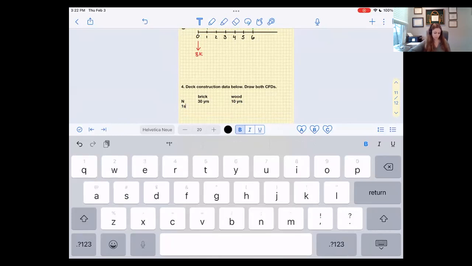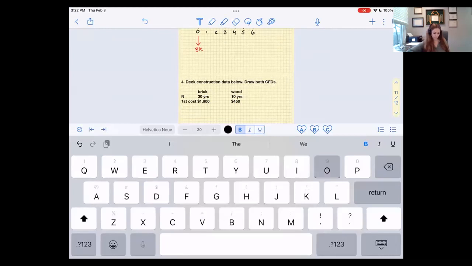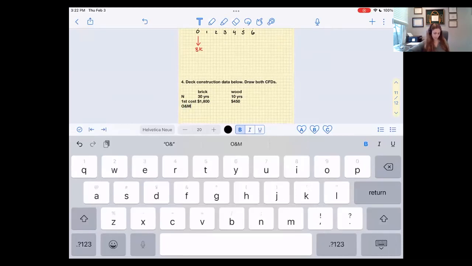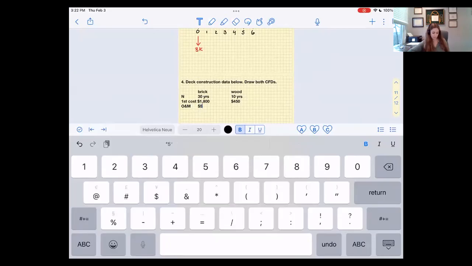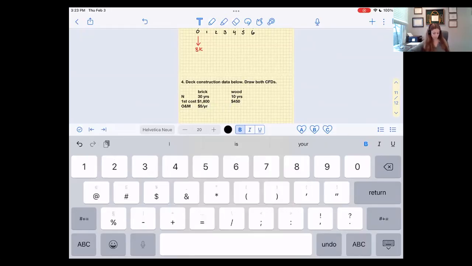The first cost is $1,800 versus 450. And the O&M is $5 a year versus $20 a year.